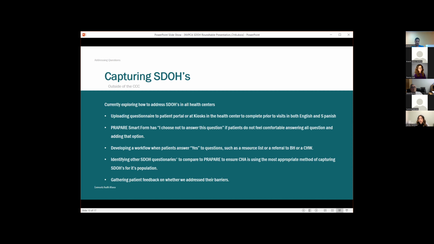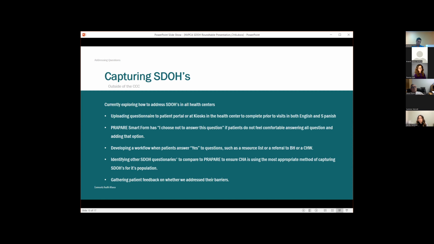We're currently exploring how to address social determinants of health in all health centers, and looking at how we can do that everywhere, with either uploading a questionnaire to the patient portal or at the kiosks in the health centers to complete prior to visits in both English and Spanish, just because that one-on-one community health worker to provider that's offered at the CCC is not offered at all of our locations, but it is important that we capture that data everywhere.